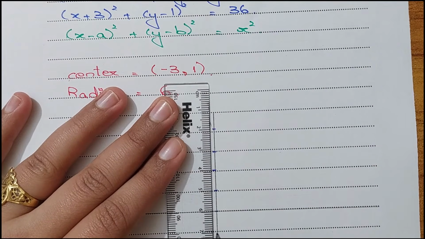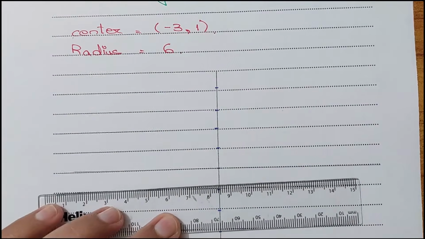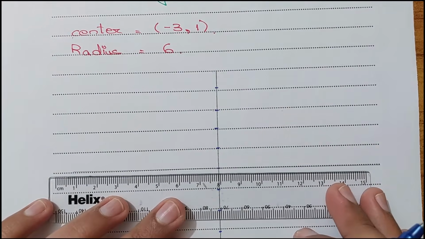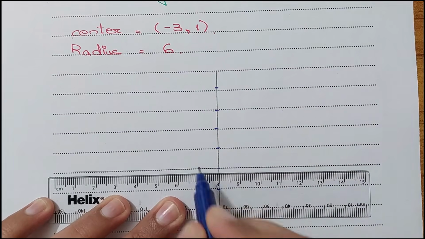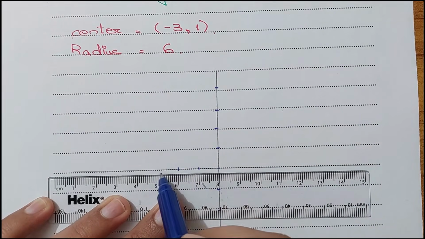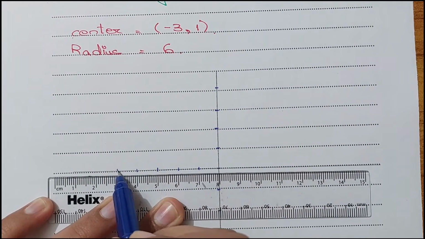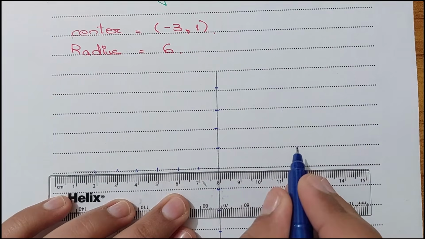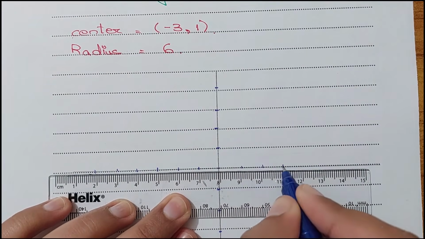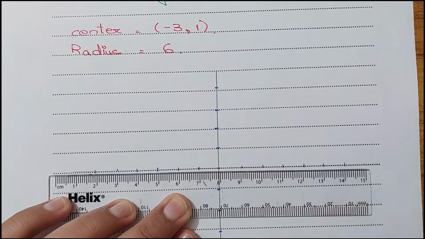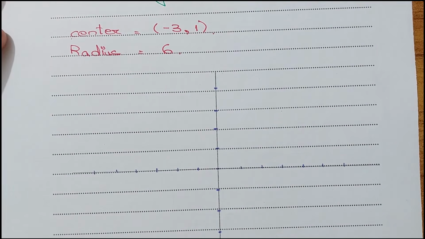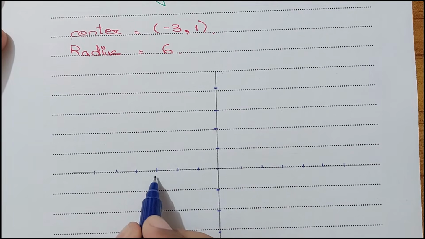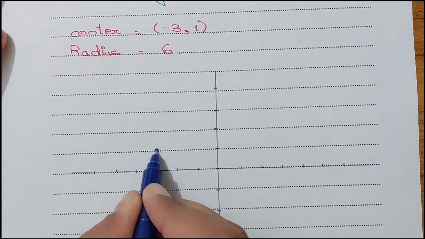And downward, we have minus 1, minus 2, minus 3, minus 4, and minus 5, right? And for x as well, you have 1, minus 1, minus 2, minus 3, minus 4, minus 5, minus 6, and on this side we have 1, 2, 3, 4, 5, 6. Okay, so the center of the circle is minus 3, 1. X is minus 3, minus 1, minus 2, minus 3, and the y value is 1. So this is the center of the circle.